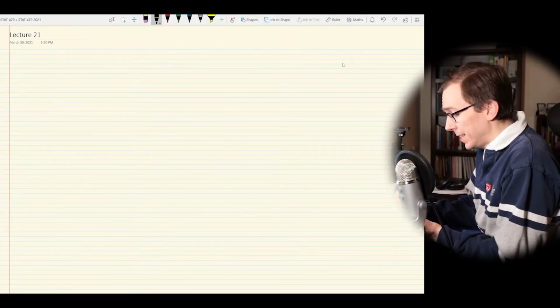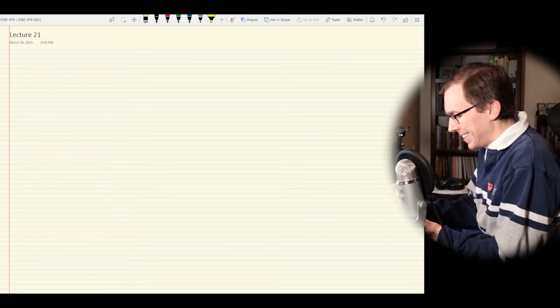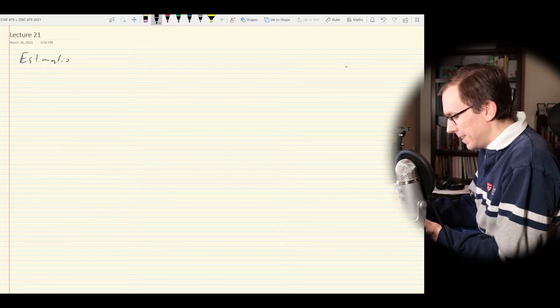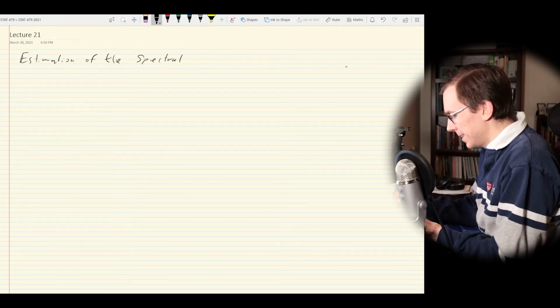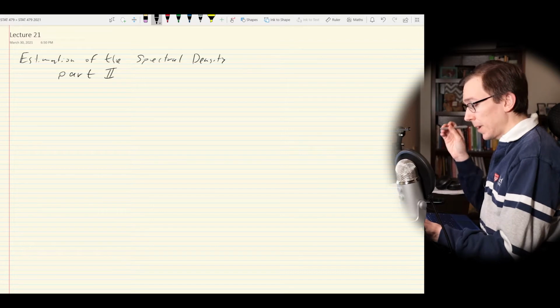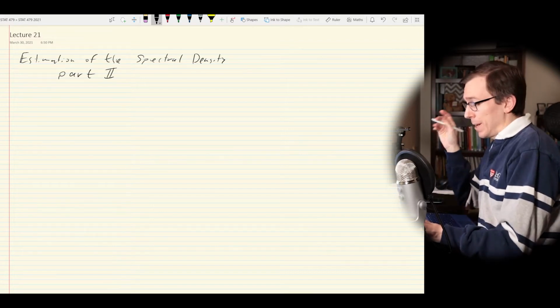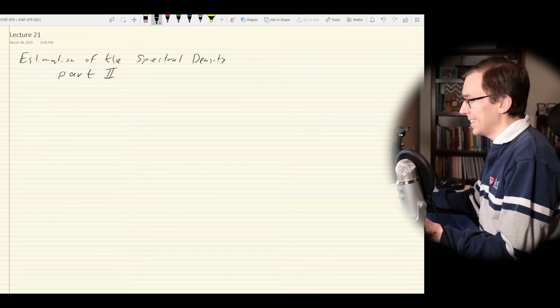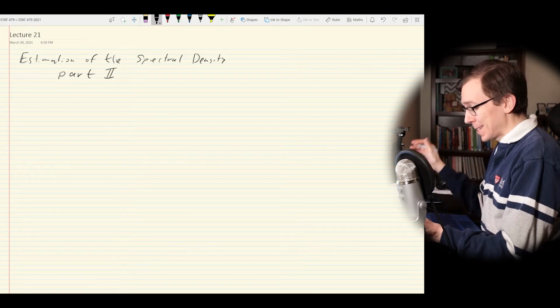All right, so this section is estimation of the spectral density, Part 2. What are we going to talk about first? The first thing I want to talk about is Bartlett's method.